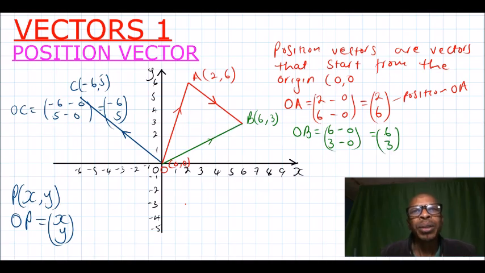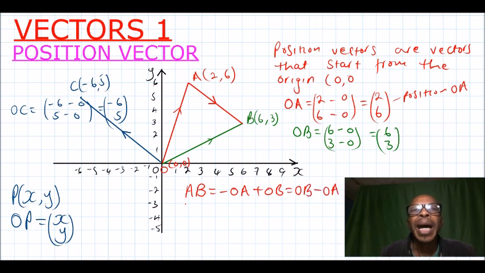So AB is equal to minus OA plus OB, which is OB minus OA.